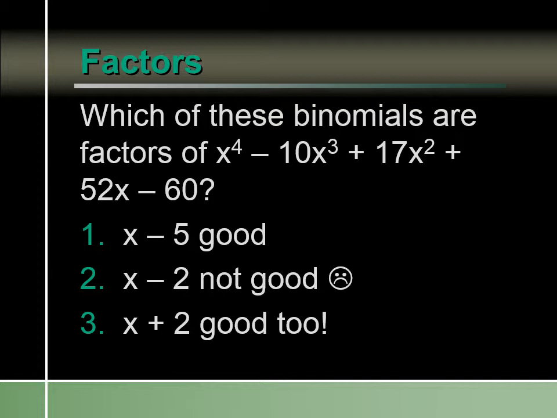We're going to do negative 2 to the 4th minus 10 times negative 2 to the 3rd plus 17 times negative 2 squared plus 52 times negative 2 minus 60. When we do that, we get 0 as our remainder, which means that the binomial x plus 2 is a factor of our polynomial.